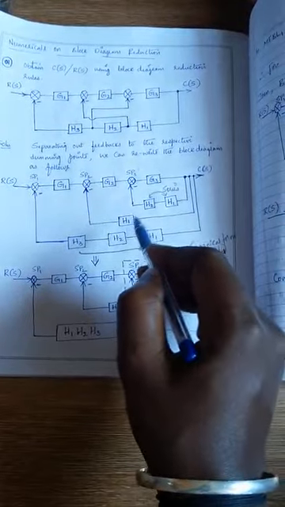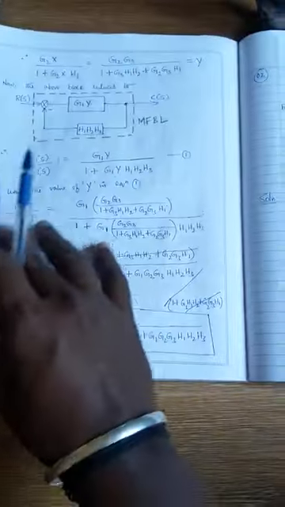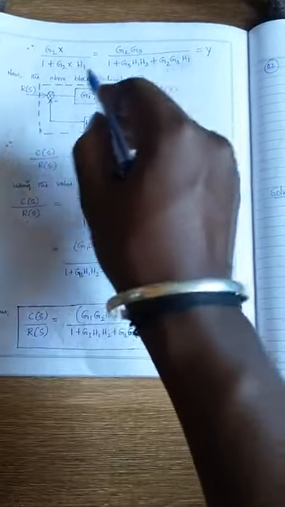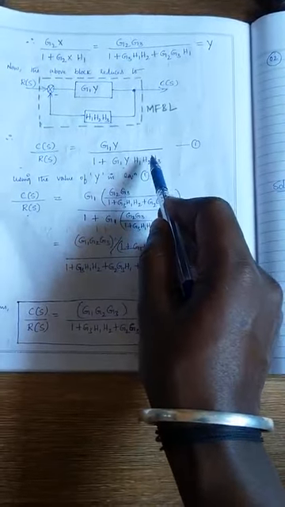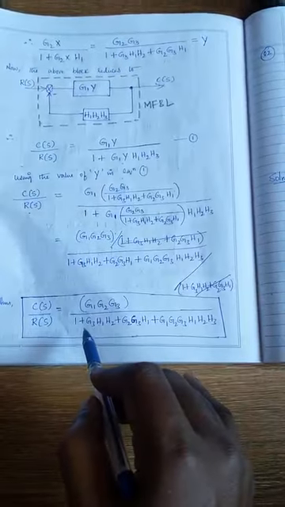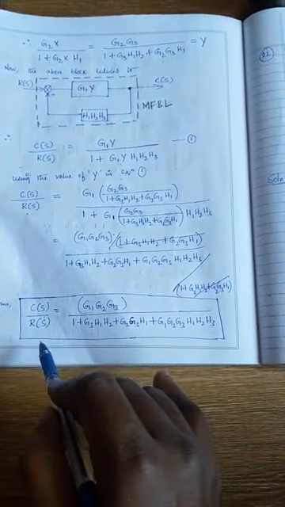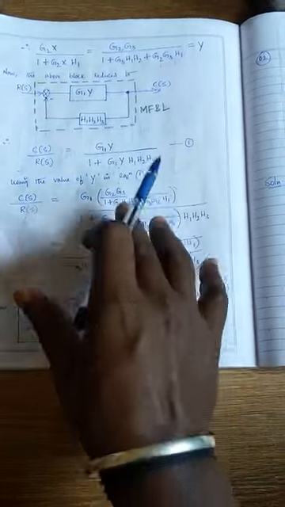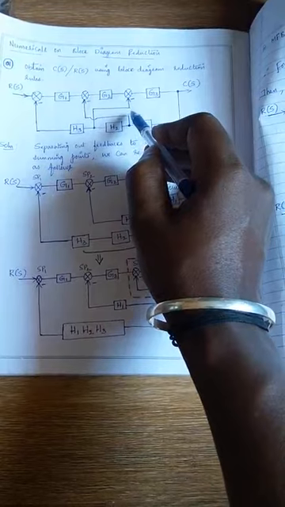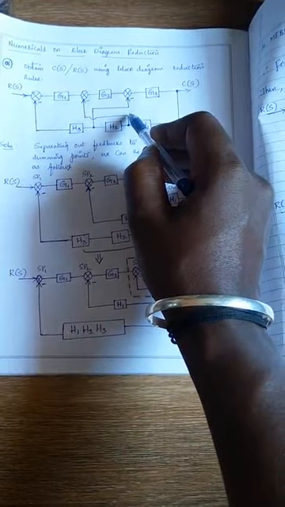And finally, after taking the minor feedback loop, we got the final expression using this, and later we substituted the value of Y, and finally we got the ratio C of S by R of S, which is nothing but the transfer function of the given block diagram using block diagram reduction rules.